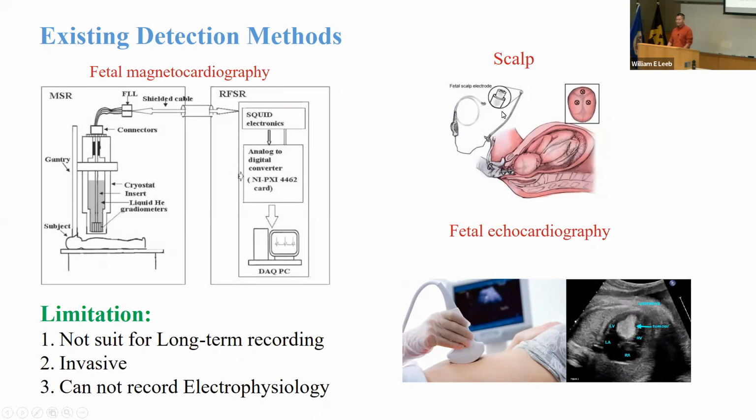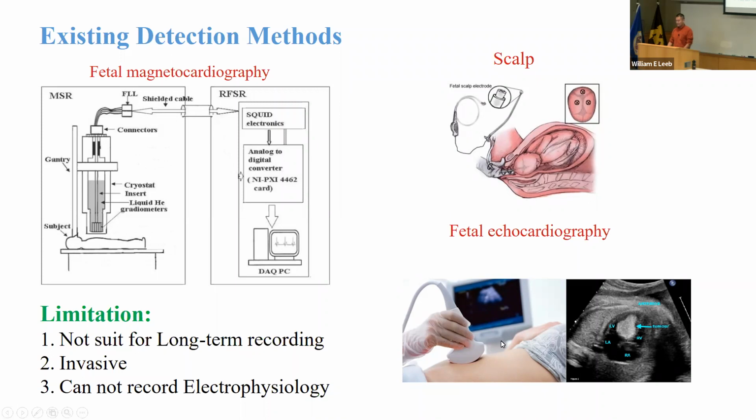But all these existing detection methods have their own problems. For magnetocardiography, the machine is too big and too expensive to apply to every pregnant woman. For the scalp technique, you need to put the electrode through the vagina onto the fetus's head. This is a very invasive procedure, which sometimes causes infection and other complications.